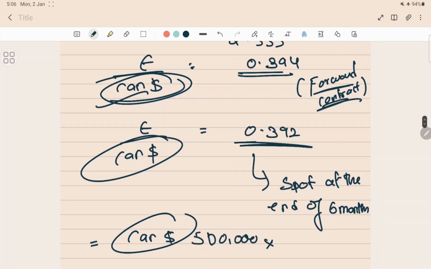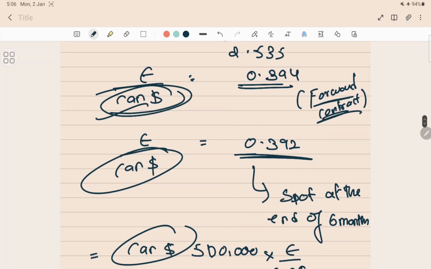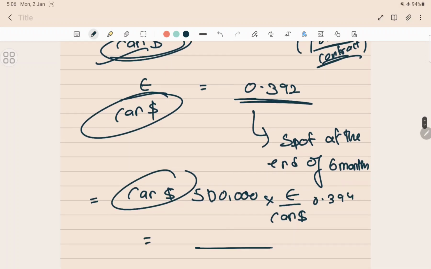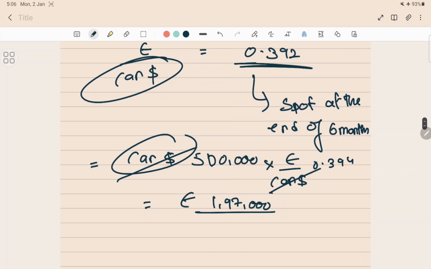So 5 lakh into 0.394 pound upon Canadian dollar comes to 1,97,000 pound. Your final receivable is in pound. This is if you hedge.